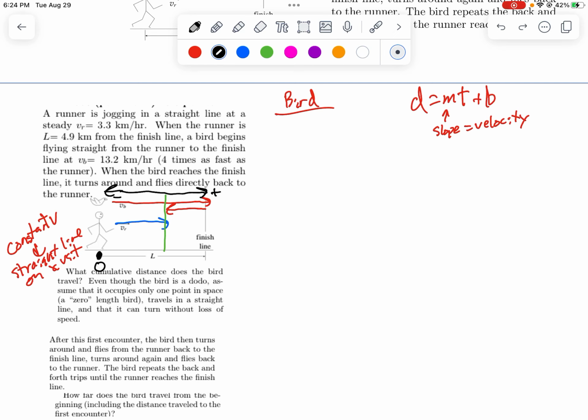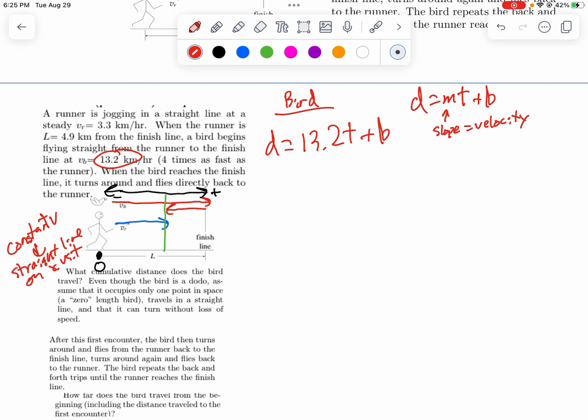Okay. So let's start with the bird. So d equals the speed of the bird. All right, so the speed of the bird is 13.2 kilometers per hour. And we're going to the right, so it's still going to be positive. So 13.2 t plus some number that we don't know.